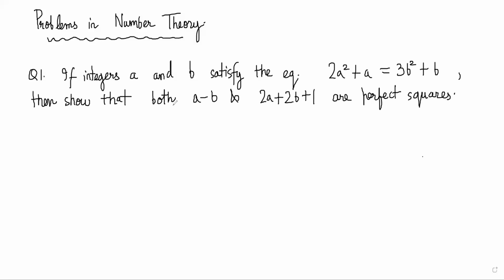We have to prove that a minus b and 2a plus 2b plus 1 are both perfect squares if this condition is satisfied, right? So let's start by trying to simplify this equation a little bit.